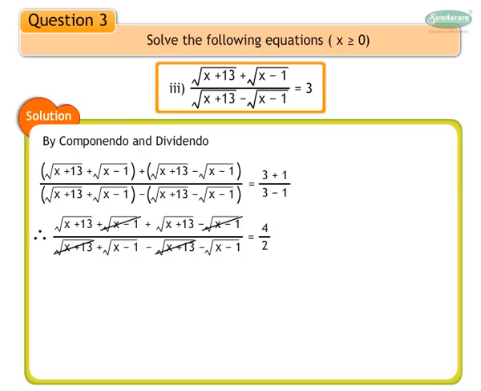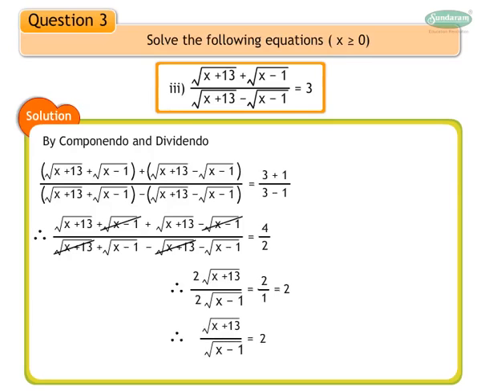We now simplify taking care of the signs. We get 2√(x + 13)/2√(x − 1) = 2/1.